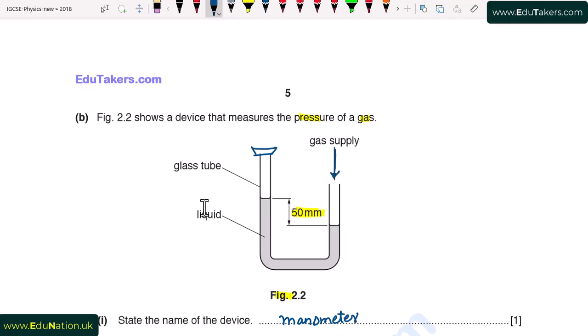First of all, when pressure increases, it means that the liquid is pushed in the downward direction. So as on the right hand side the liquid is pushed downward, on the left hand side it will be pulled in the upward direction. On the left hand side this liquid will move upward. So the liquid on the left side will be higher because the pressure from the gas supply is higher than the pressure from the liquid at different height plus the atmospheric pressure.